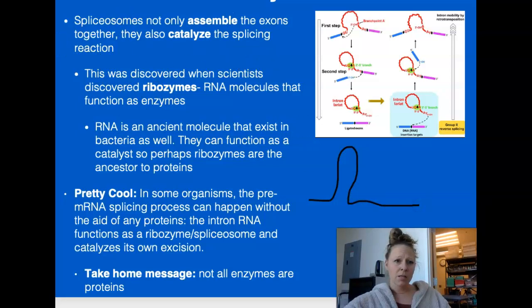The exons are going to be lined up here and here, and here's our exon number 3. The spliceosomes, let's color those red, are little enzymes, RNA and proteins together, that are going to cut and reconnect these exons together.